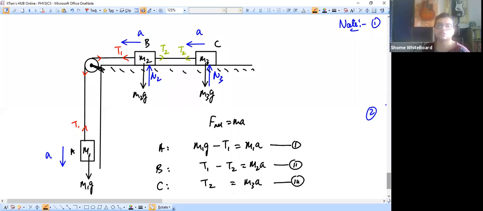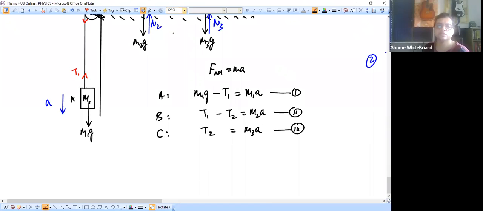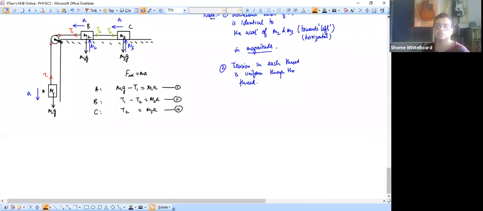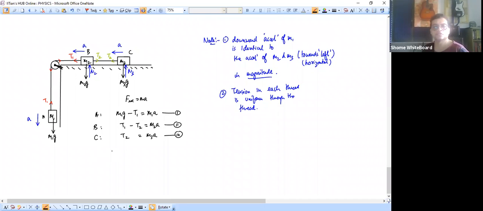And as usual, for solving them, it's very simple. We can just add the three equations and get rid of the tensions T1 and T2. So just add the three equations. We'll get M1G, and T1 and T2 cancel out, on the other side becoming M1 plus M2 plus M3 into acceleration. So the acceleration is just the weight of this block divided by the total mass of the system.